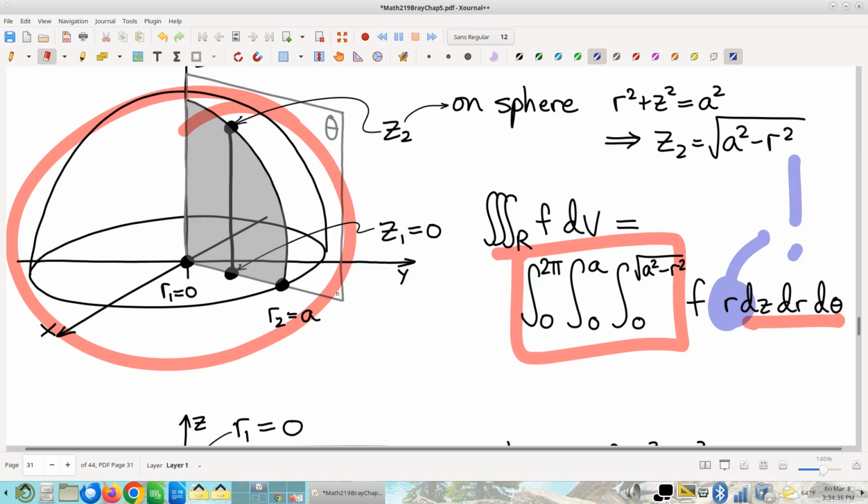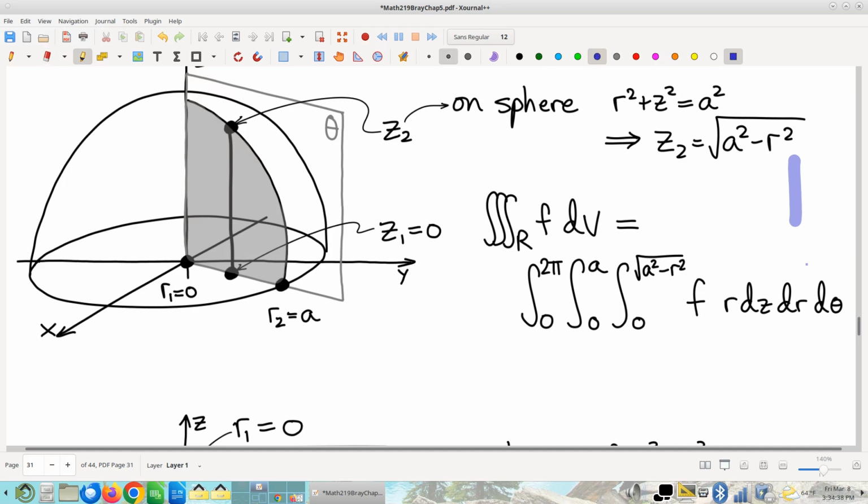And again, I think the best way to make sure you don't forget is you don't ever write this down by itself. Don't ever write down dz dr d theta by itself. Why would you? dz dr d theta by itself, it's not a thing. It serves no purpose. Right? You will never need it without also needing the r. So always write down r dz dr d theta instead.